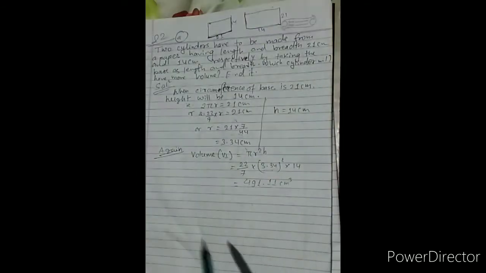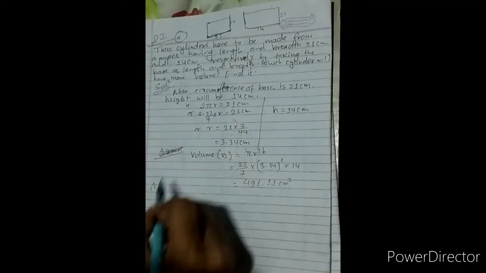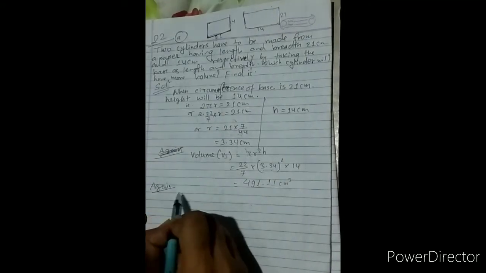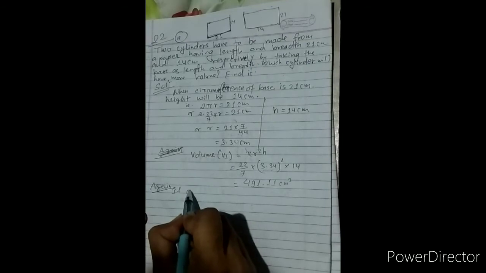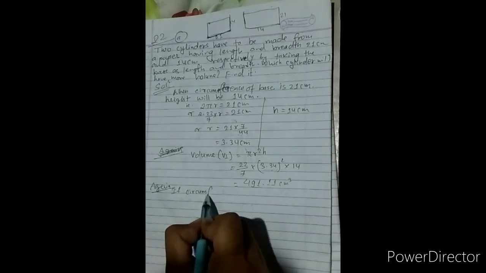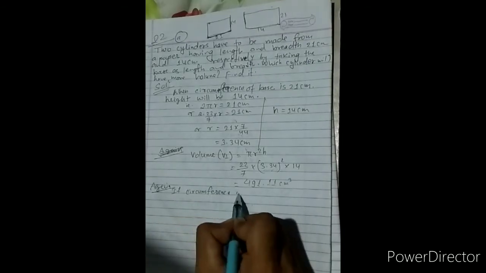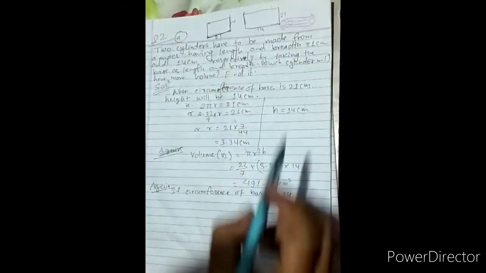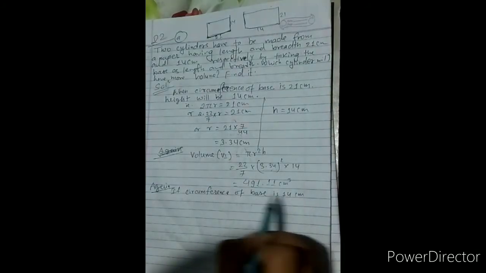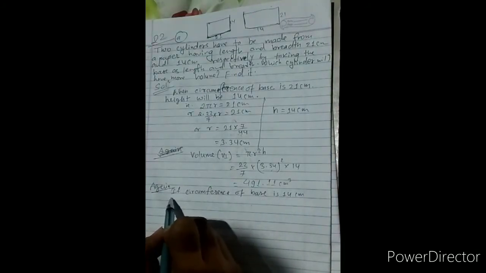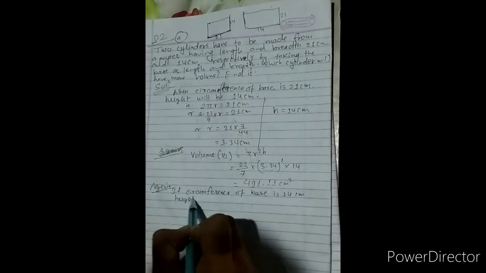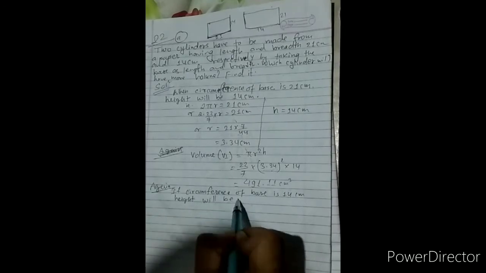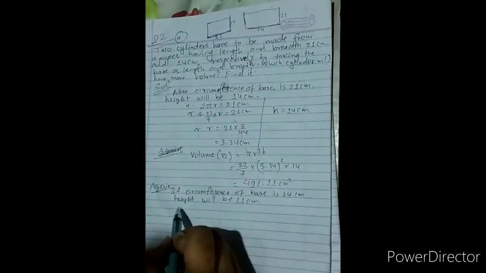If you do, we get 491.11. If we take this 14 as circumference, then this is height.